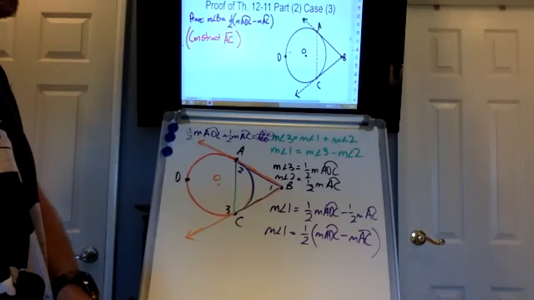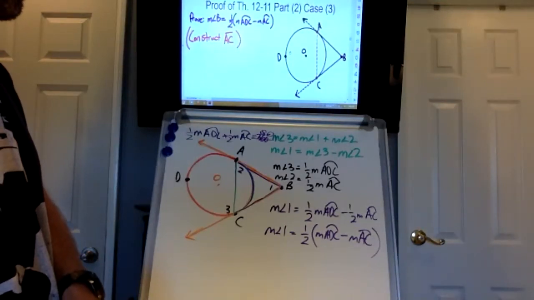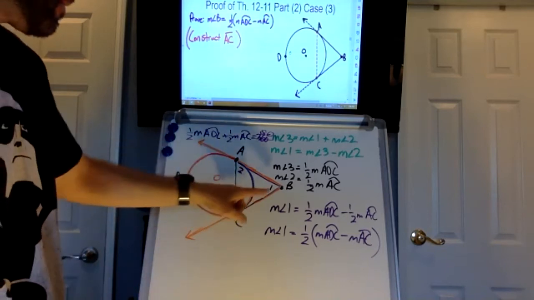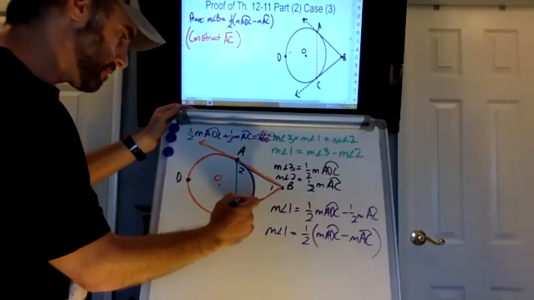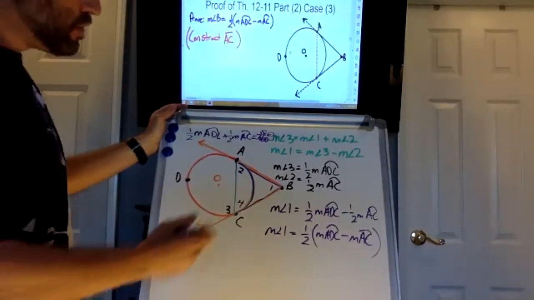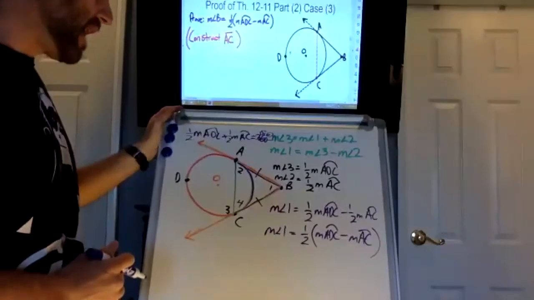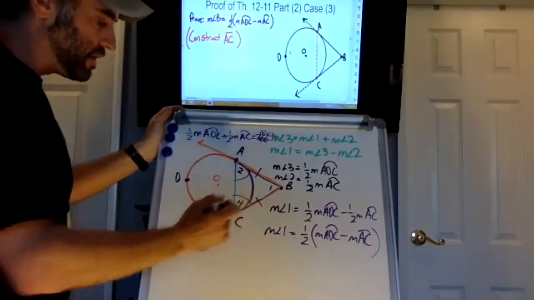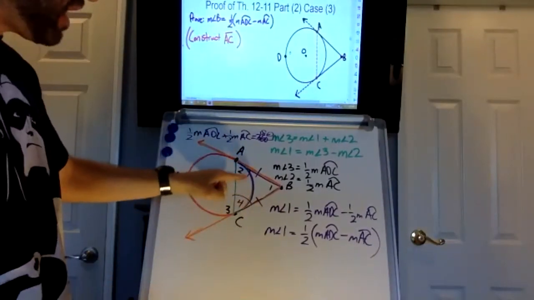I should say angle ACB is congruent or equal to angle 2. Oh yeah, because they're both tangents, these angles are congruent. Yes, and they intercept the same blue arc.